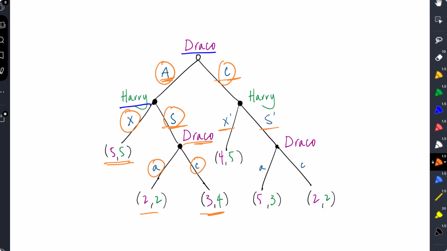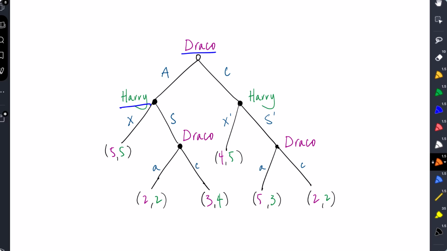He can cast those spells. If he does X prime, then the game will end with this outcome, 4-5. If he does S prime, then Draco has to play again, and he can cast spell lowercase a or lowercase c, which will lead to those outcomes there.